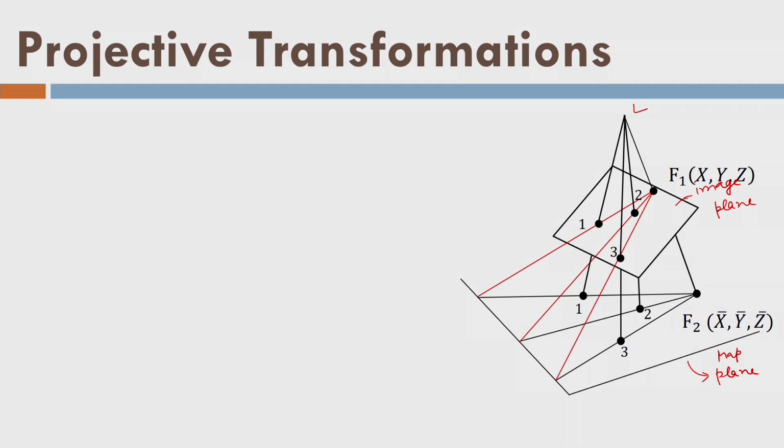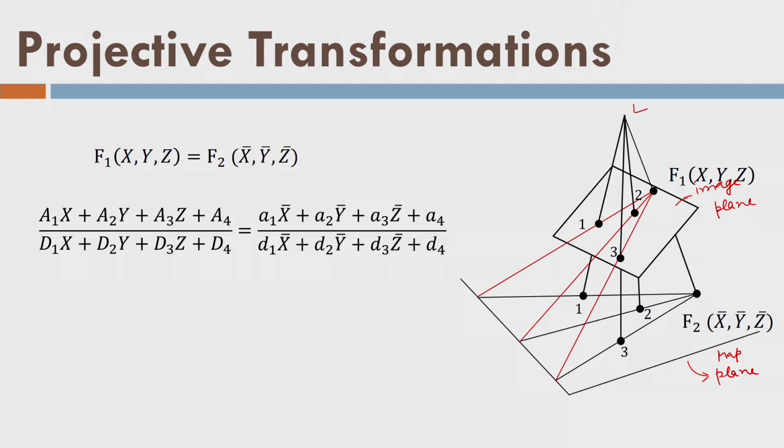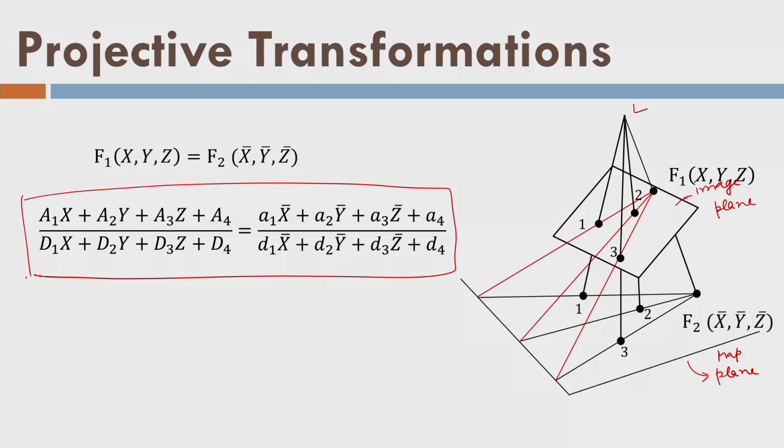Now, if there is a function f1 for the image plane and a function f2 for the map plane, and if I try to develop some projective equations in 3 dimensions, I can write like this. These are just generic equations for a projective transformation, because generally we write for the image plane x, y, 0, image coordinates, and capital X, Y, Z, the object or map coordinates.